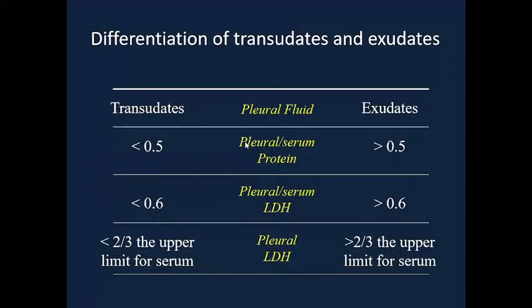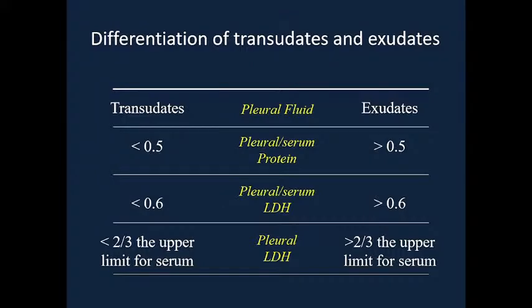If you look at the pleural to serum protein level ratio, you take your pleural fluid and get your total protein, and also get total protein in serum. Get that ratio. If that ratio is less than 0.5, then that is a transudate.